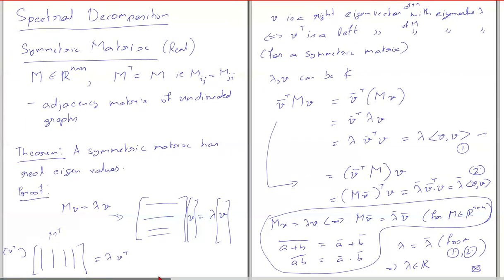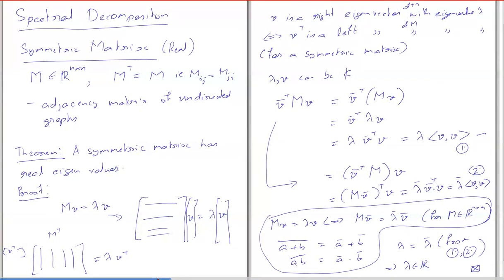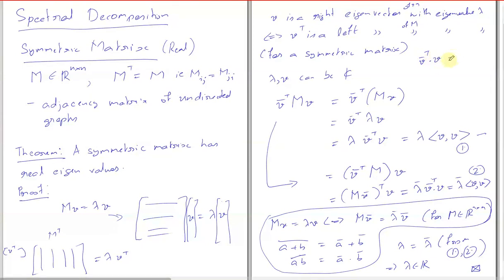Is this clear? Sir, could you explain why V bar transpose into V is the dot product of V? So this is what we defined as the dot product for the complex case. In complex vector spaces, V bar transpose V basically is the inner product. This is how the dot product is defined for complex vectors.